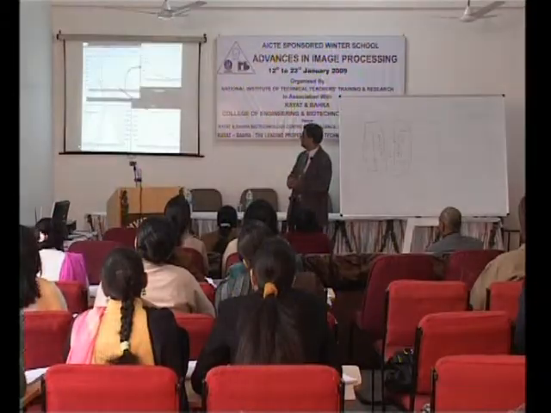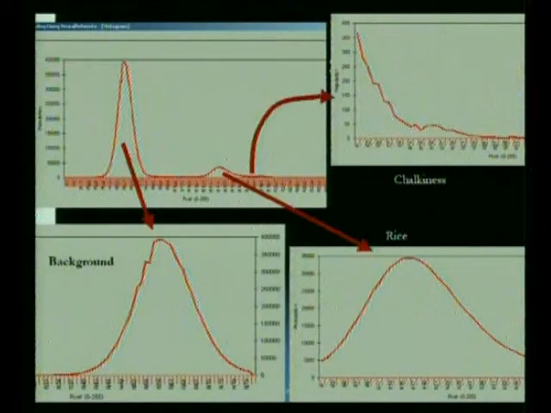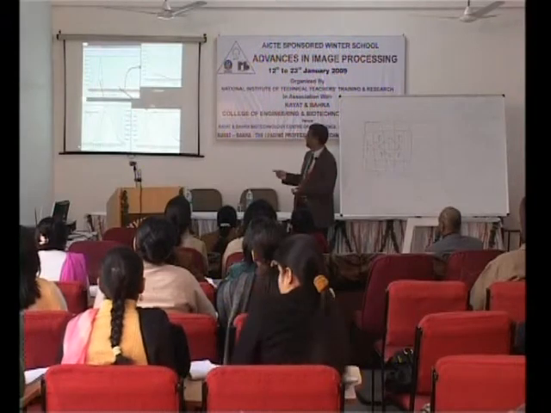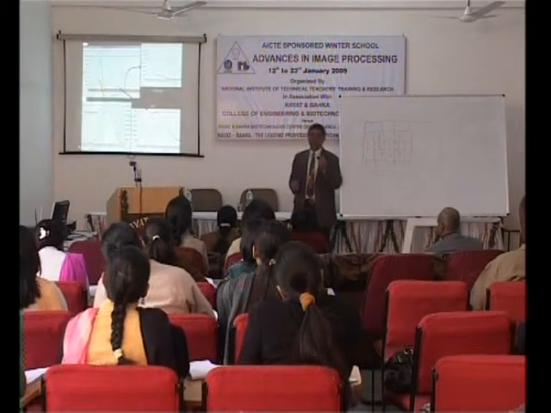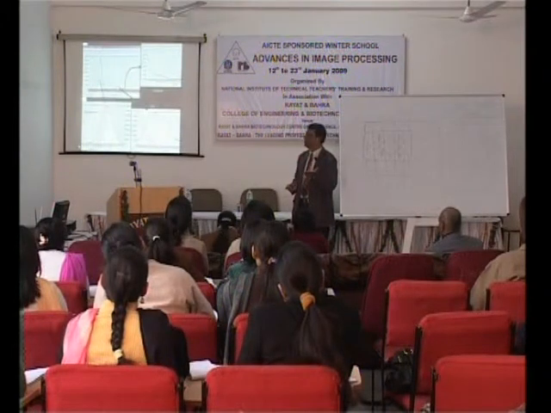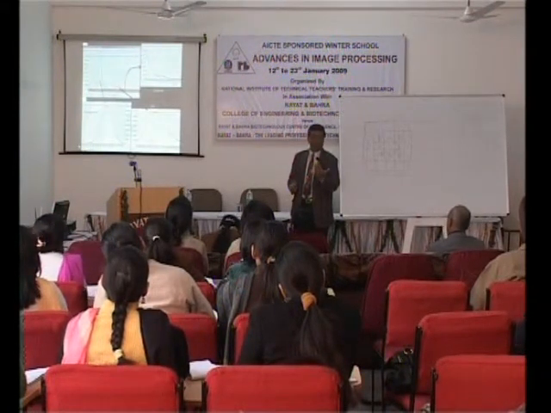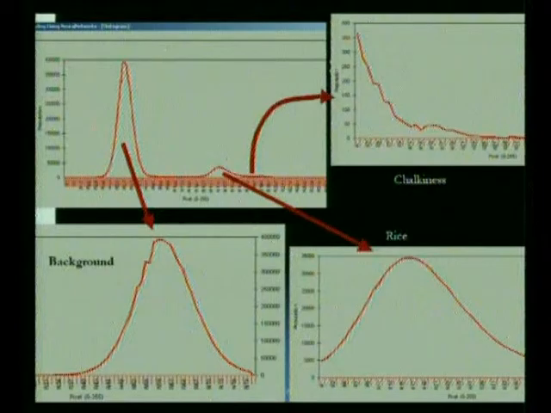Next. This is the analysis that I think you must have done. This shows the histogram, wherein histogram means it is showing all shades of the image as a statistical sample.